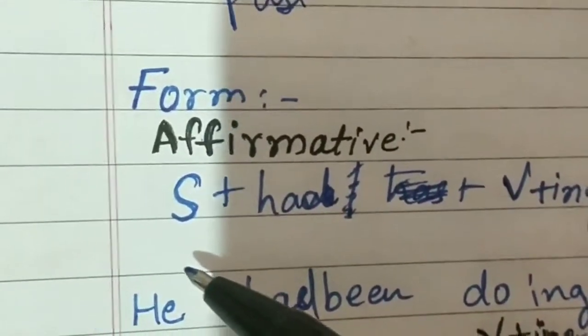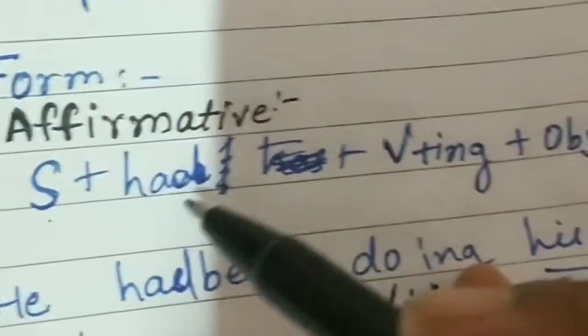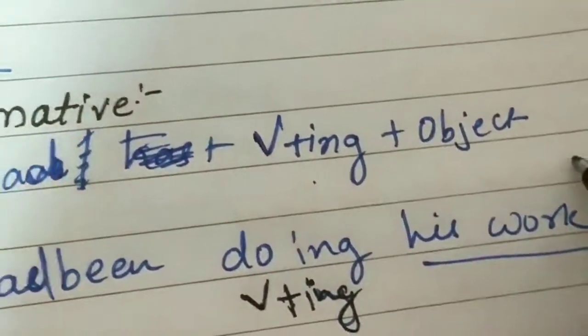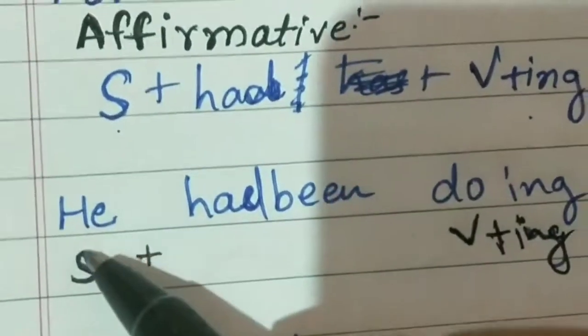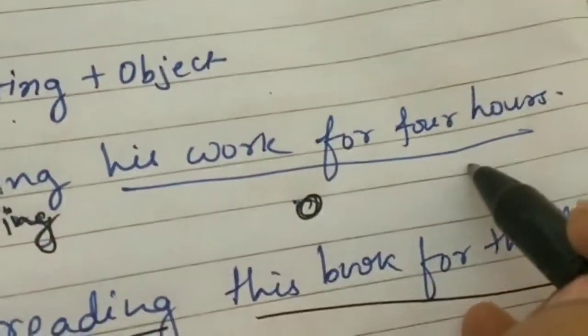The form for these kinds of sentences in the positive form, as we have discussed, has subject, had been, V plus ing form and object. Like, he had been doing his work for 4 hours.